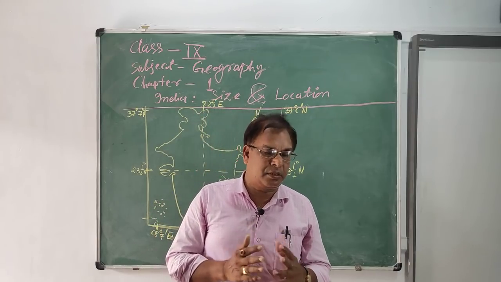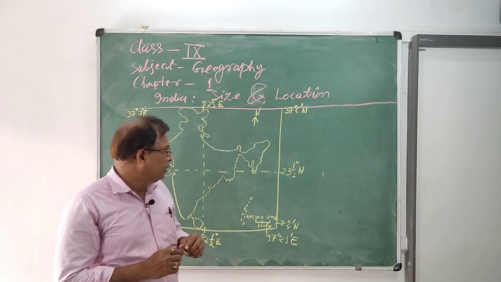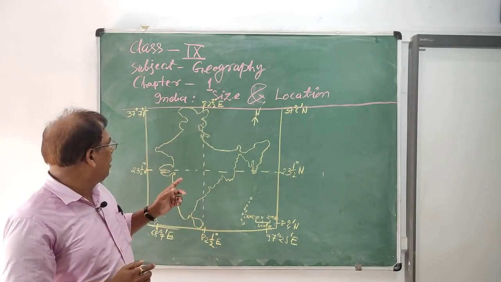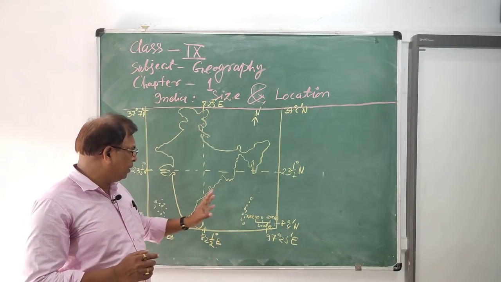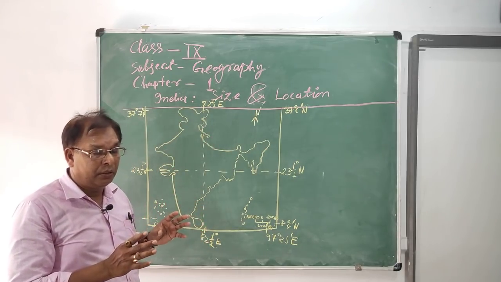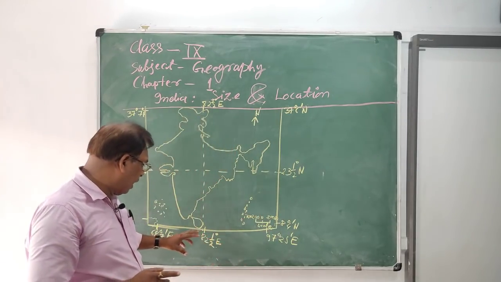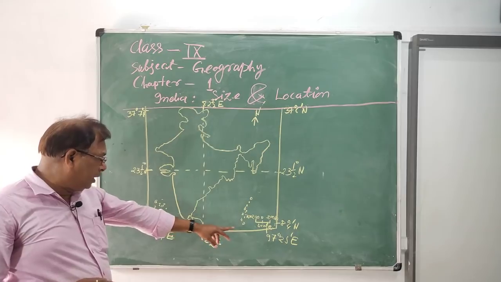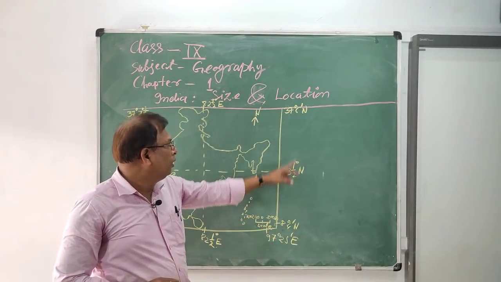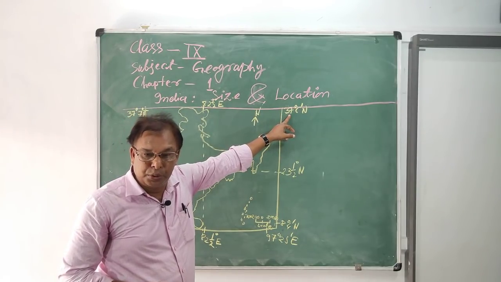Asia is the largest continent in the world, and you have also studied in the previous classes about India's situation and position. India lies between 8 degree 4 minute north latitude and 37 degree 6 minute north latitude.